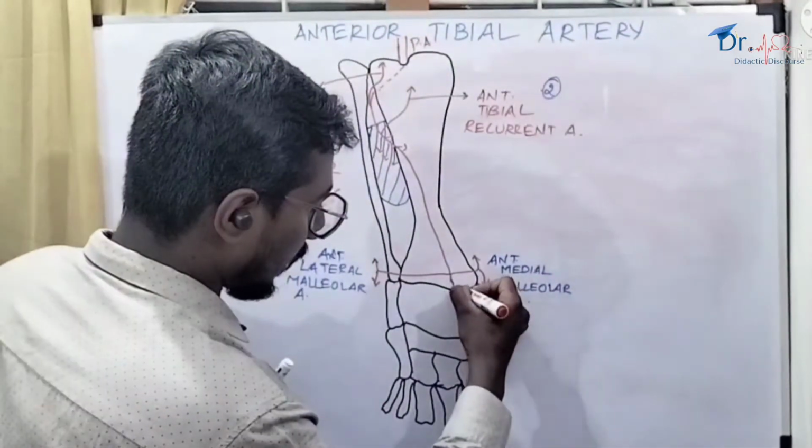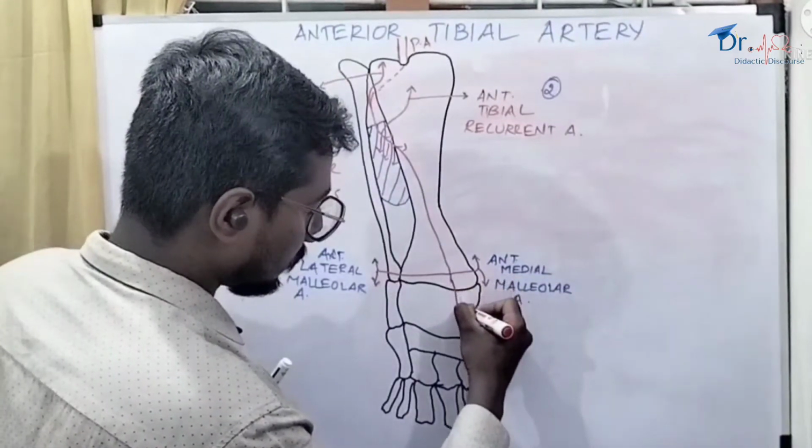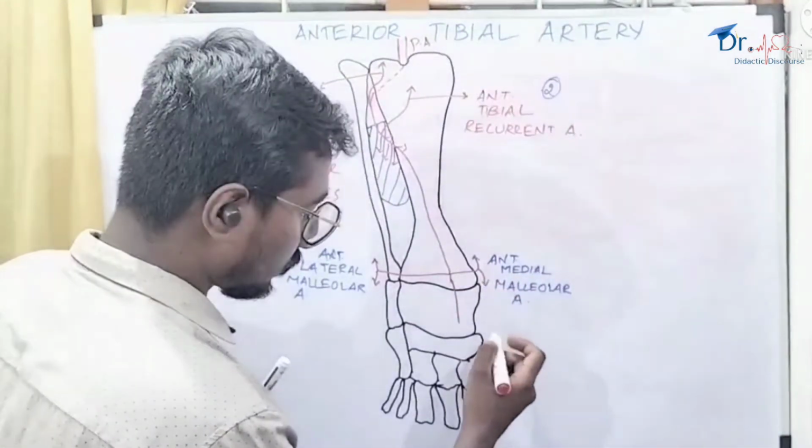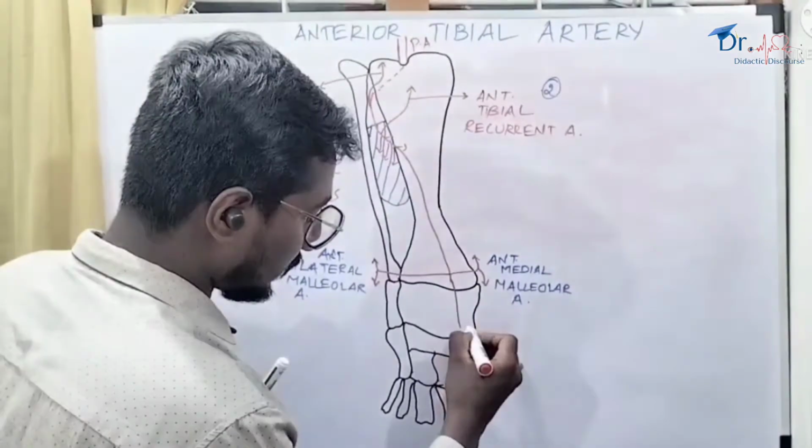Then the anterior tibial artery gives rise to the dorsalis pedis artery.